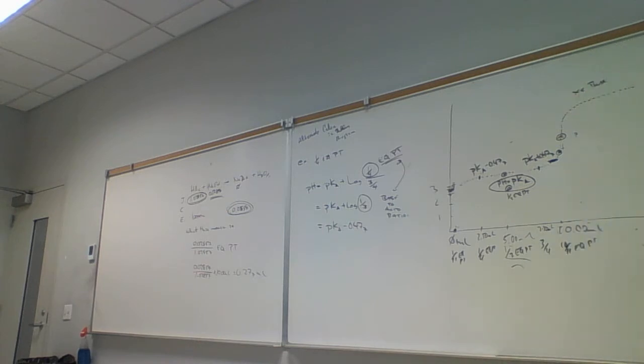Over here, this is the equivalence point here, and this is the base to acid ratio of 3 to 1. Again, note the relationship between the equivalence point and the base to acid ratio.